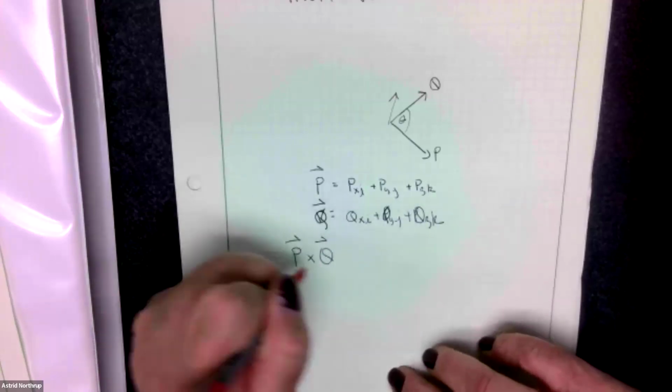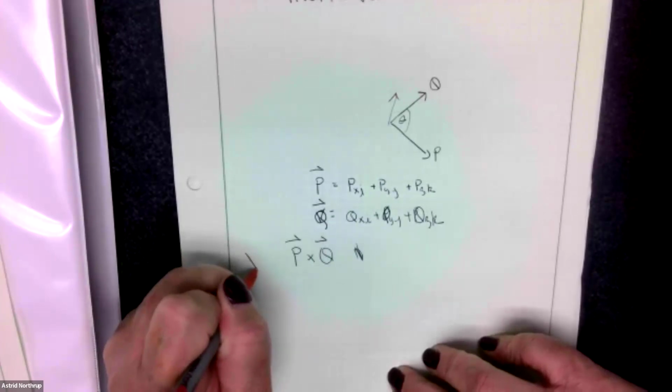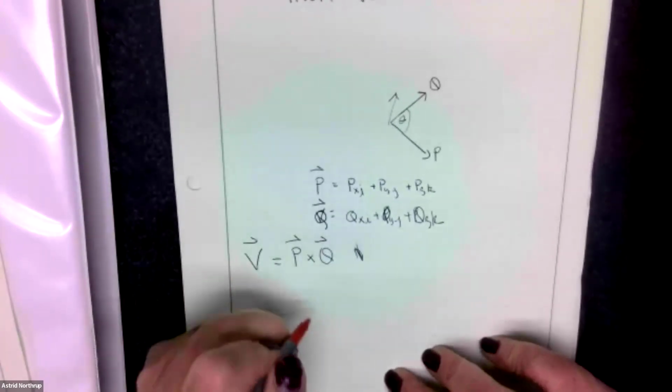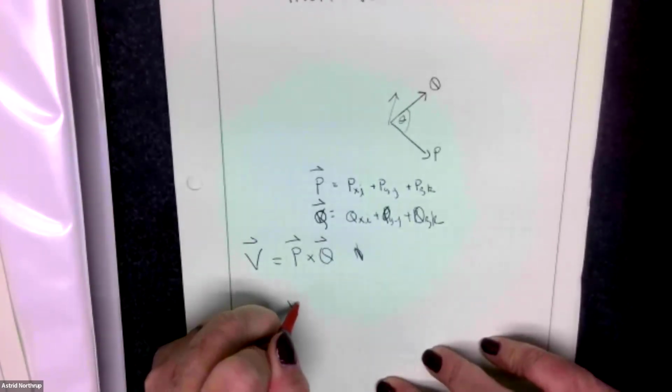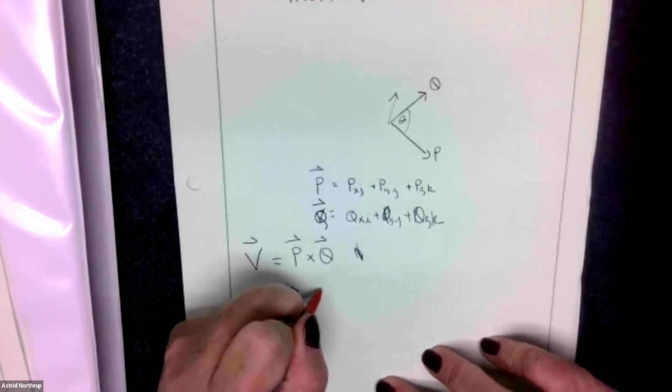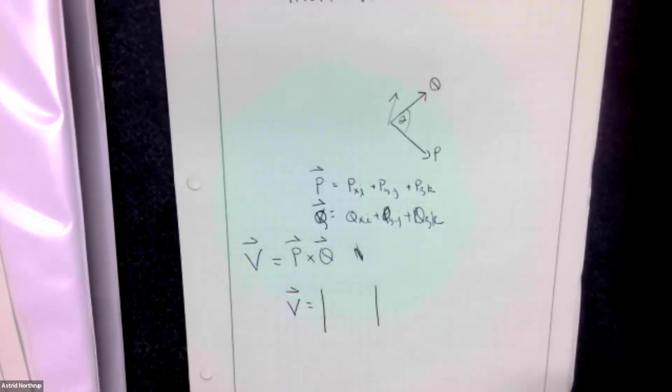And the determinant, if we want to call this equal to V, let's do this in better form. V is equal to P cross Q. We set up a determinant, which is these 3 rows and 3 columns of numbers.